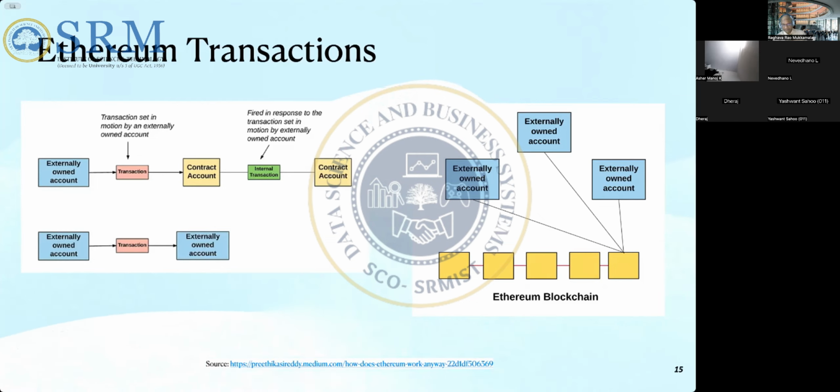But on the other hand, an externally owned account can also call a smart contract. For example, let's say I want to buy some stuff. As we have seen in the supply chain example, the smart contracts will be deployed. Then I will invoke the smart contract by creating a transaction.